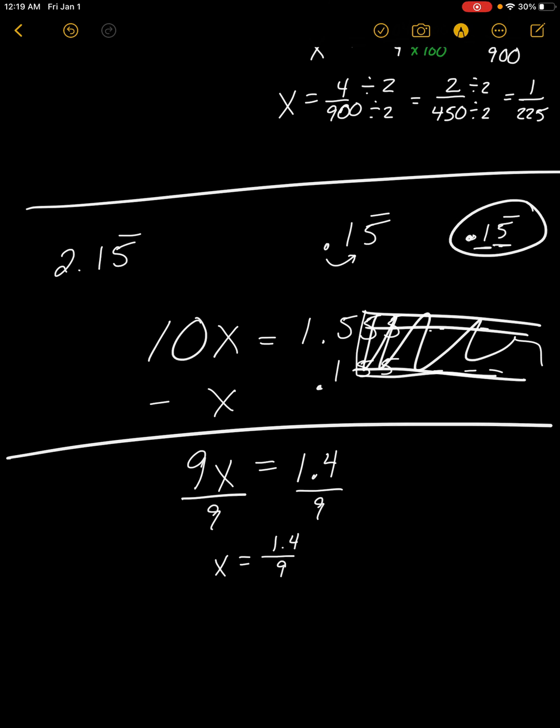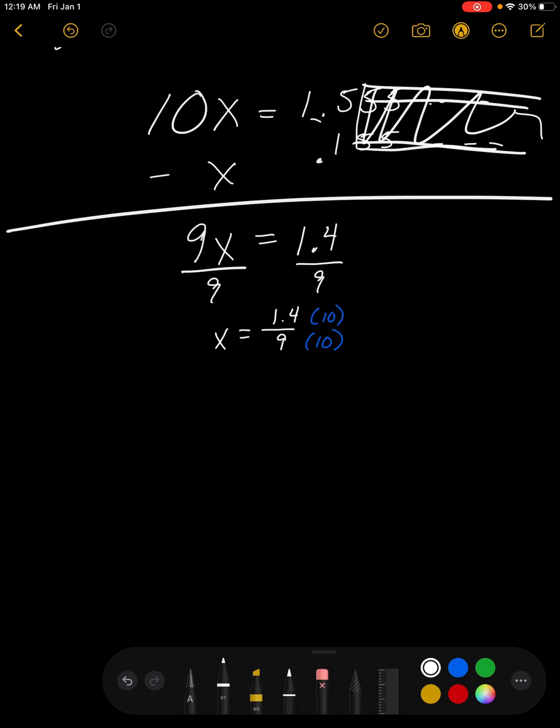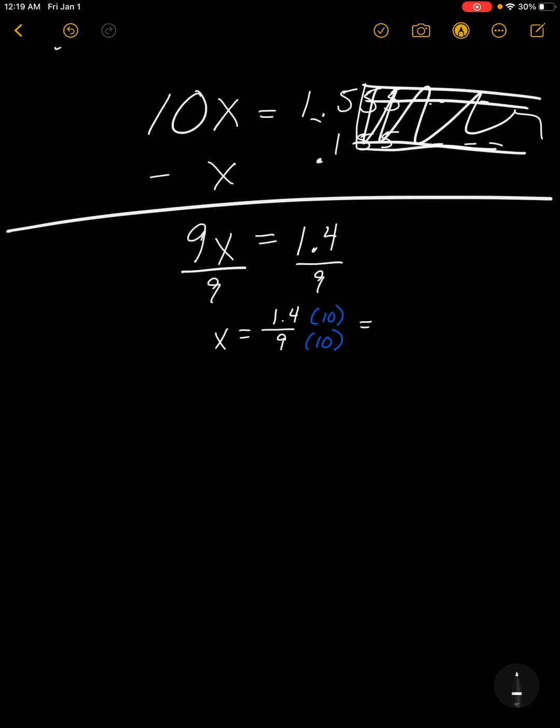And then this one needs an adjustment. You can't have 1.4 over 9. This one's adjustment is not as bad as the other one. So for this one, you need to take it times 10 to move that decimal once. You need to make the numerator a whole number. So taking it times 10 makes it 14 over 90.